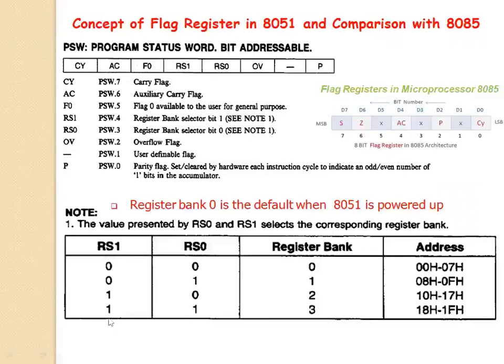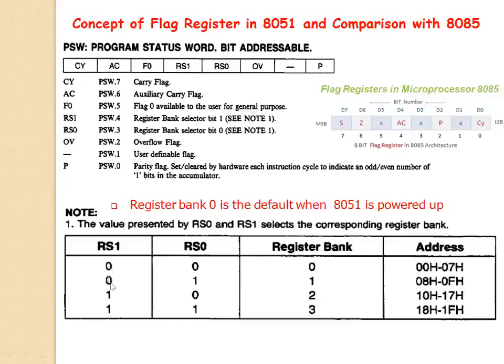If RS1 and RS0 are 0, 0, register bank 0 will be selected. The address range will be 00 hex to 07 hex, meaning the registers R0, R1, R2, R3, R4, R5, R6 and R7 will be selected, which come from register bank 0.